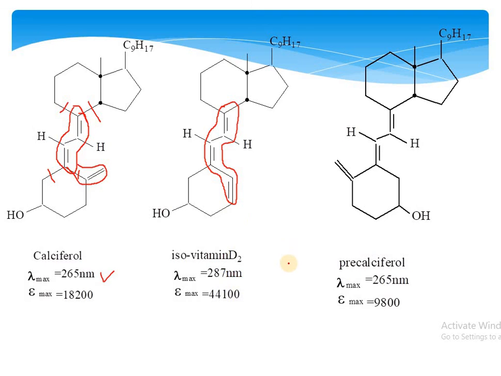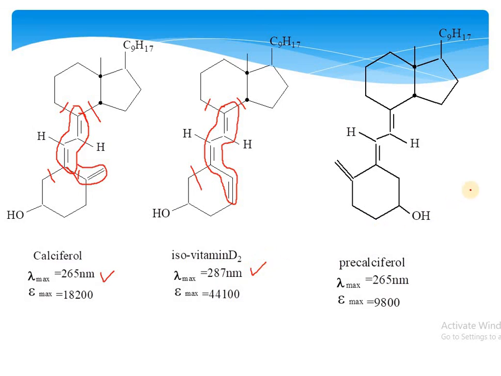And in this, 214 basic value, and then 30 nanometer for extending conjugation, and then 2 exocyclic double bonds, that is 10 nanometer, and then 3 ring residues are present. So you can easily calculate, it must come to nearly 287 nanometer.